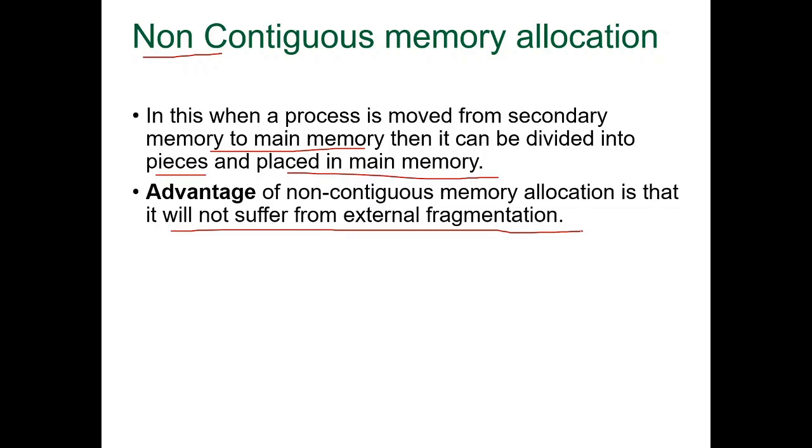We already studied internal fragmentation and external fragmentation. Internal fragmentation is when you allocate a process to a particular block of main memory, and the remaining memory is wasted and cannot be allocated to any other process.